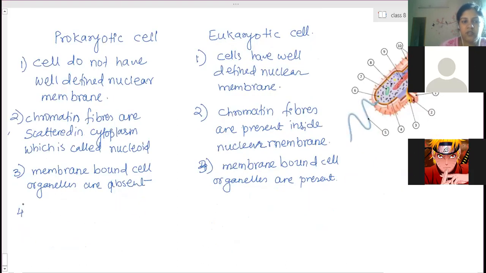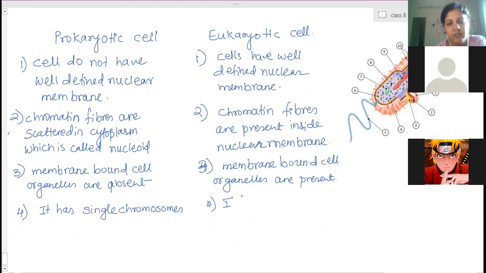The prokaryotic cell has a single chromosome, and the eukaryotic cell has many chromosomes.